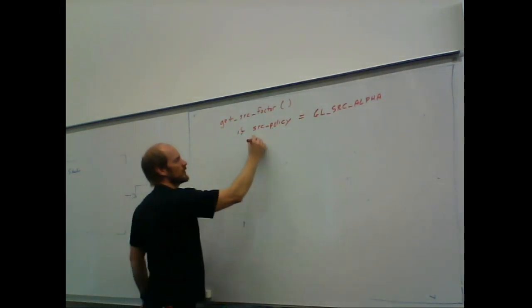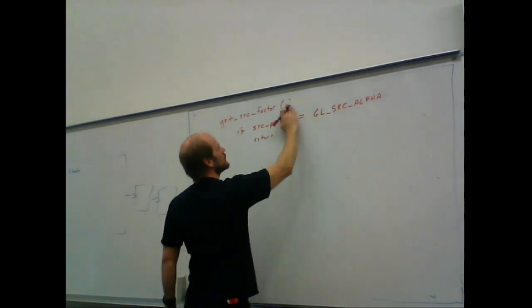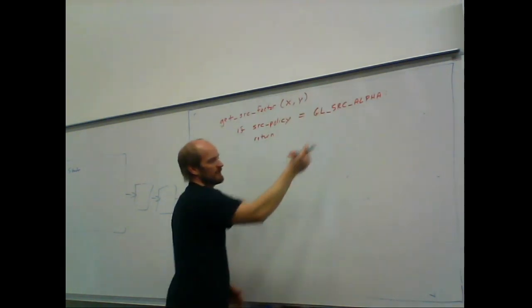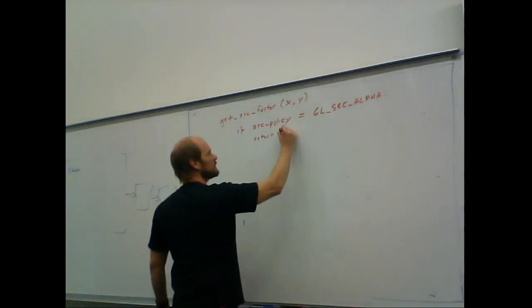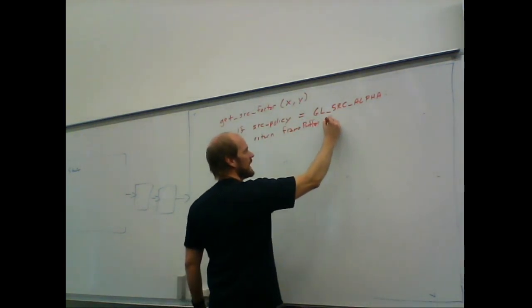then we're going to say return, we can even do get source factor xy, something like that, and say, okay, we're going to be using the frame buffer, return whatever's in the frame buffer at xy.